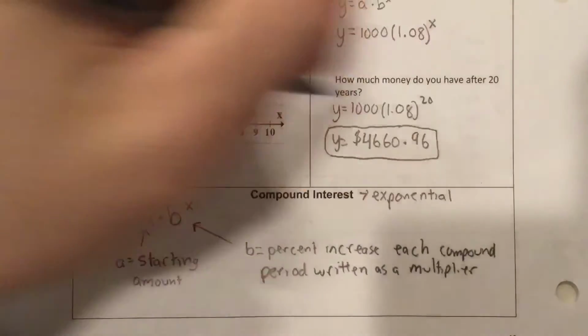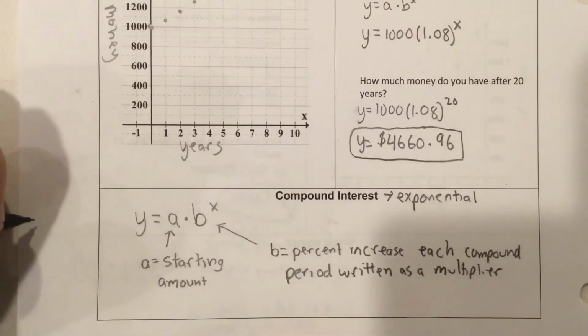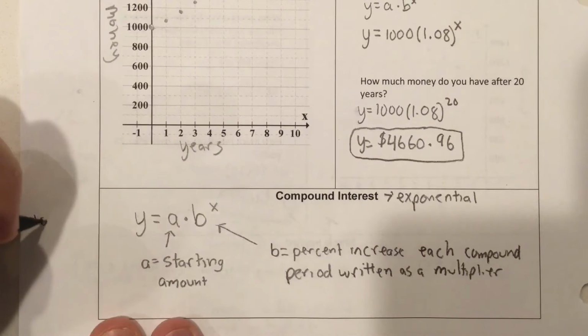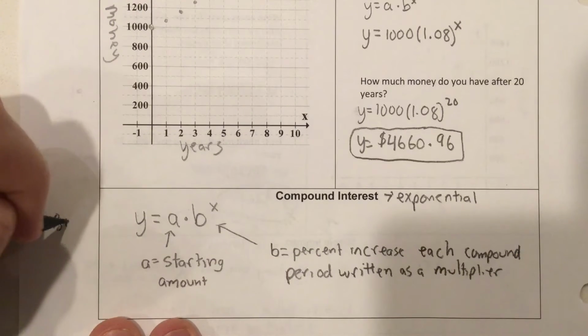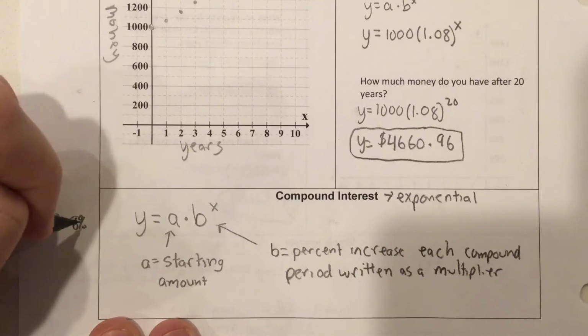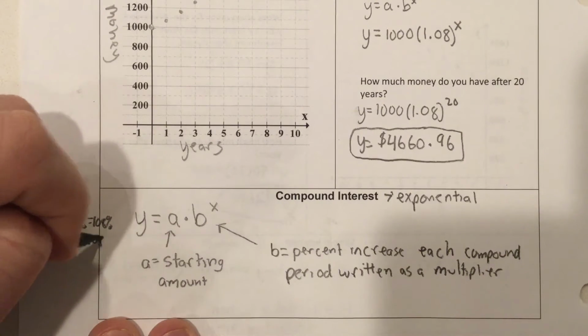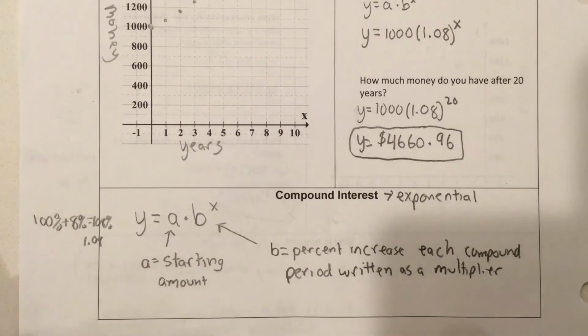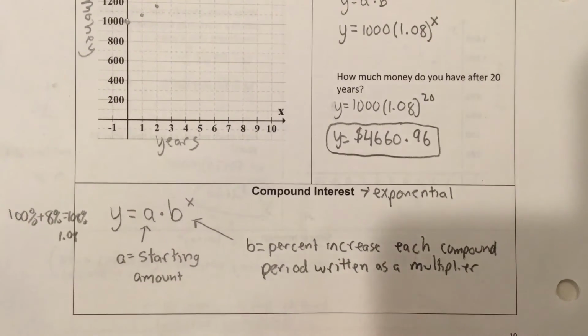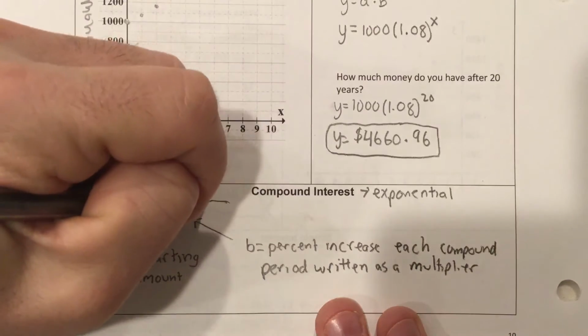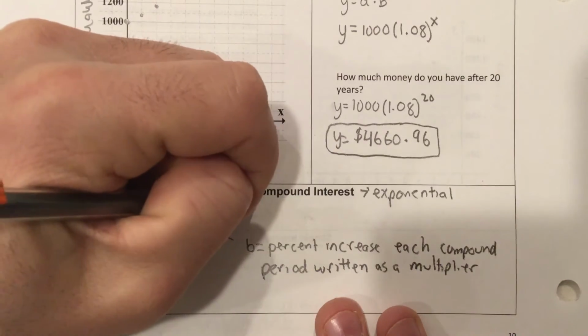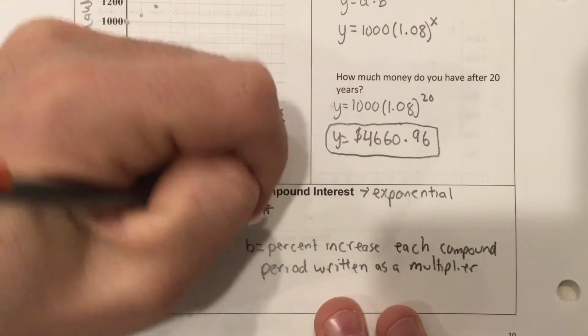So if I do that over here, we were doing, for the multiplier, 100%. Our percent increase was 8% per year. So we did 100% plus 8%, which is 108%. And then we moved that over 1.08. But again, we're going to see some examples where it's a little bit more tricky. And then your x is equal to the number of compounds.